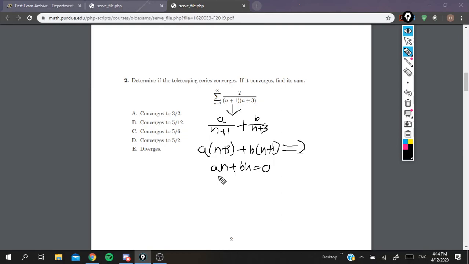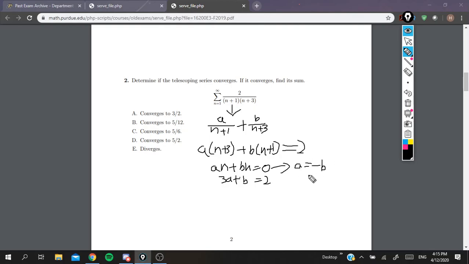And the second equation would be 3a plus b will be 2. So when you solve this, you can say for this, divide n on both sides and move a or b over, then you will get a equal to negative b or b equal to negative a.